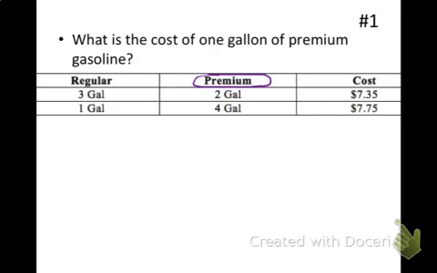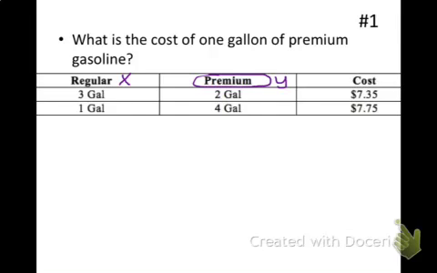Now, if you look in your notes, it says that when you're solving a system of equations, you need to first come up with a variable for each thing. So we have regular, we can label that as X, and premium as Y. So that's our first step.